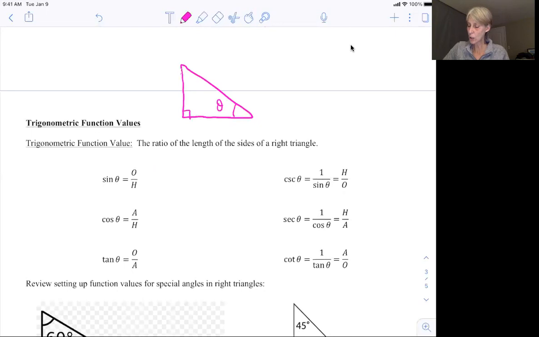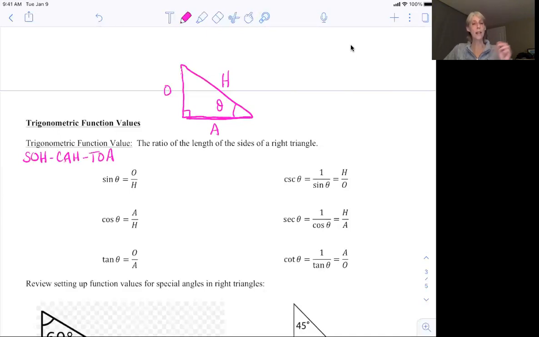The side across from the angle is the opposite. The side touching the angle is called the adjacent. And in a right triangle, this is our hypotenuse. When we set up trig function values, we use SOHCAHTOA. That's our little saying to remember.